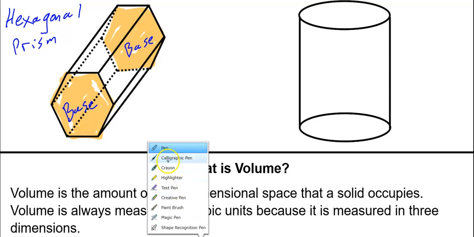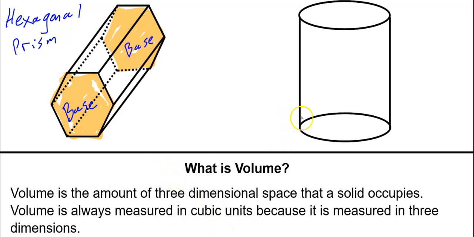And then this last one, we can also do the base with circles right here. See, we got a circle on the bottom. The base is a circle. The base on top is also a circle. This one only has one face.